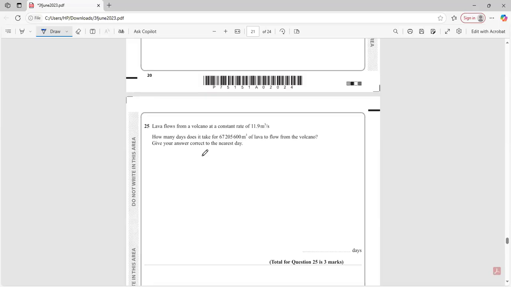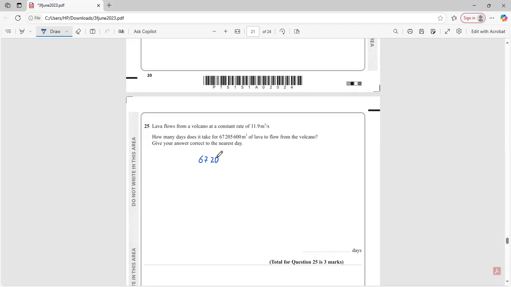Okay, so that's actually 67 million. Could you help us with your calculator? The number is pretty huge, so no need to attempt it without the calculator this time.